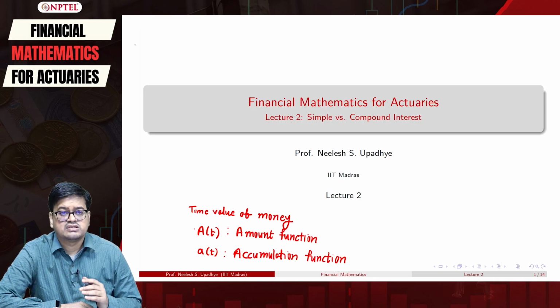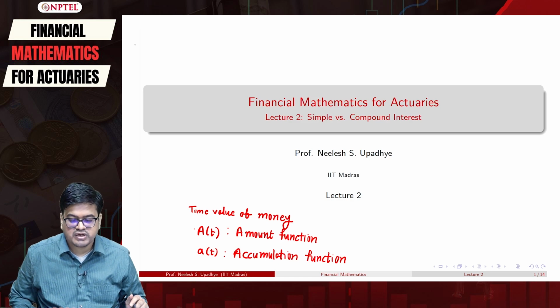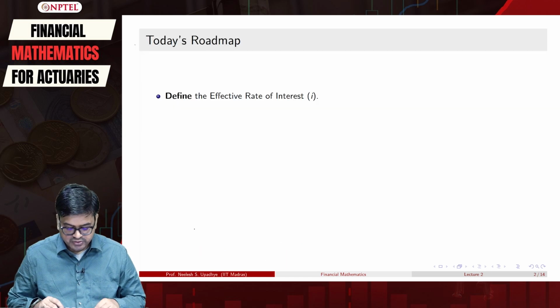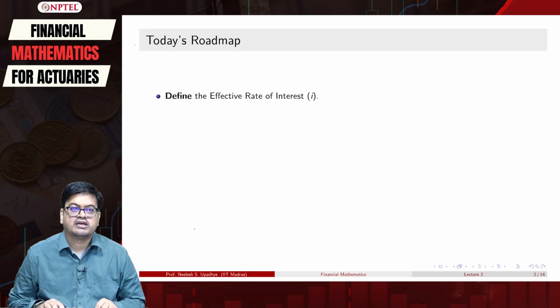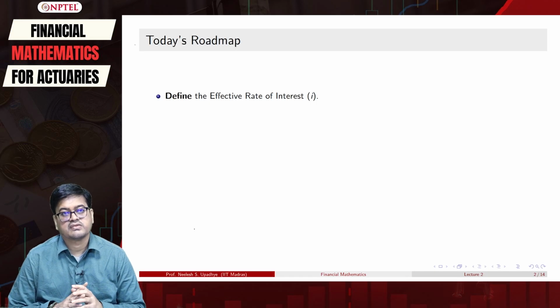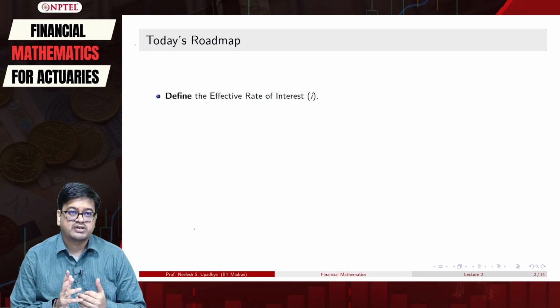Okay, so now let us discuss today's plan. First, we will define an effective rate of interest. Essentially, you have money in the bank and you are earning some interest, and what interest you are earning may differ, because the way the bank pays the interest differs.